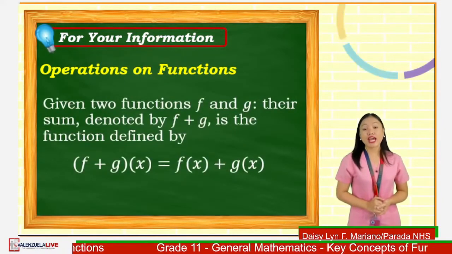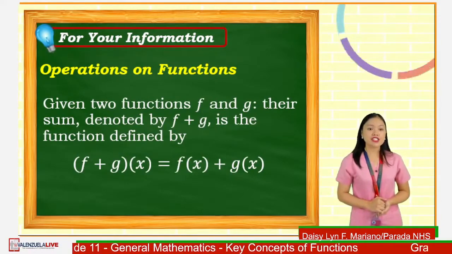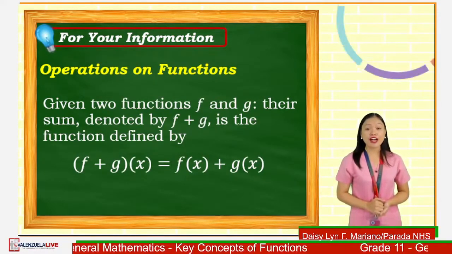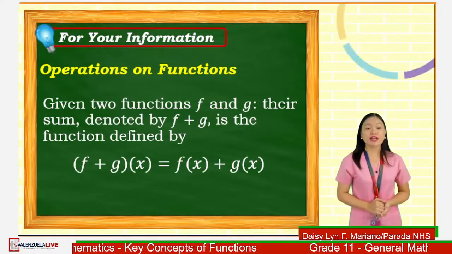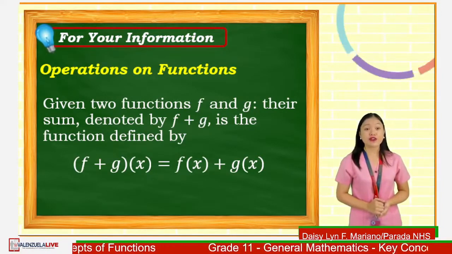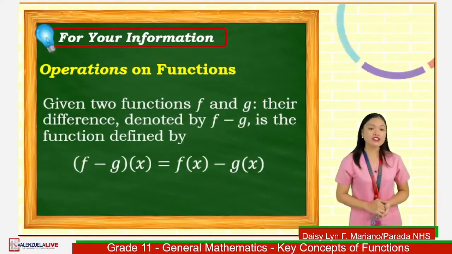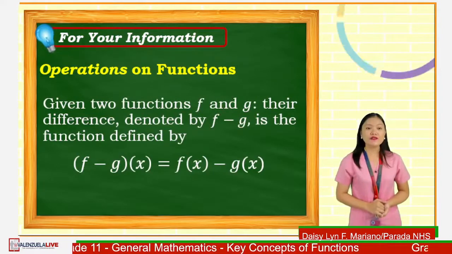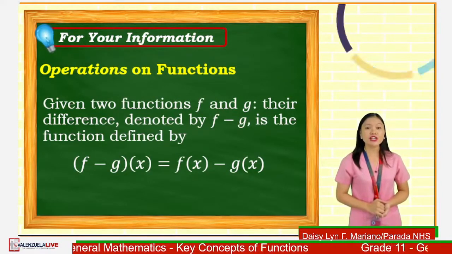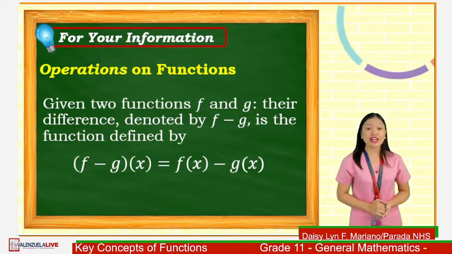Given two functions f and g, their sum, denoted by f plus g, is the function defined by f plus g of x is equal to f of x plus g of x. Their difference, denoted by f minus g, is the function defined by f minus g of x is equal to f of x minus g of x.